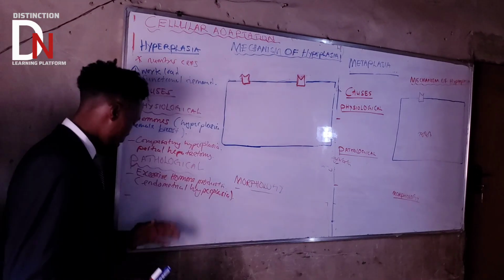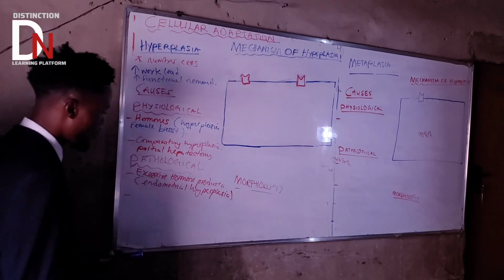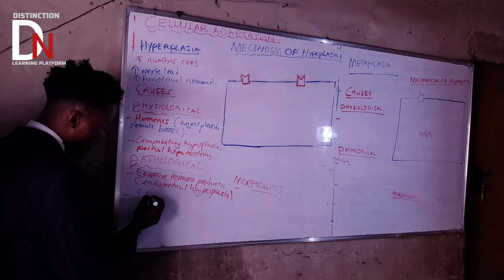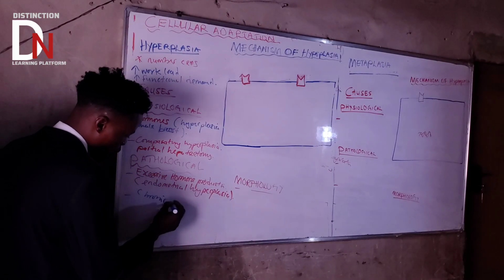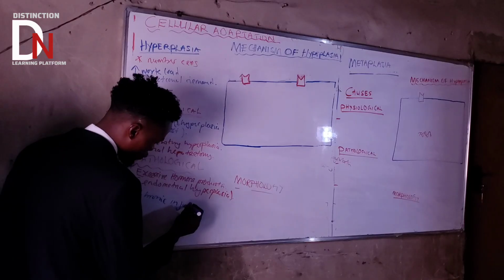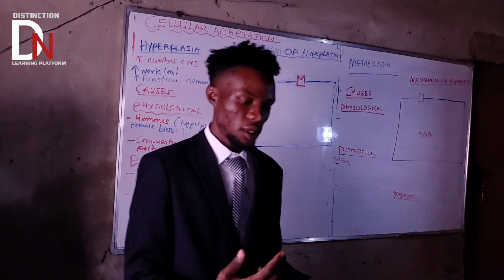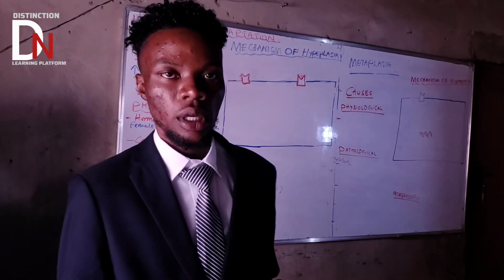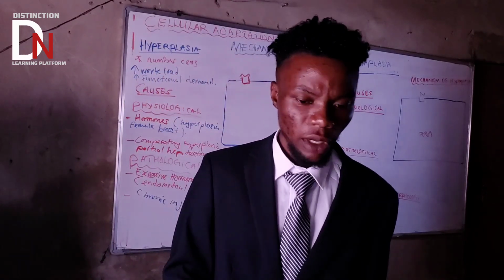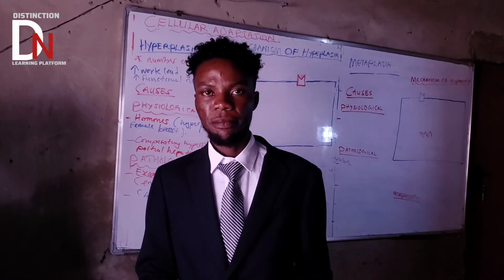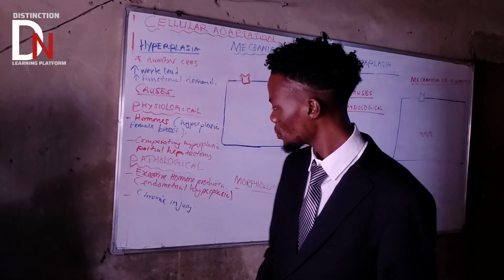Here we said hormones, and before that we said compensatory hyperplasia. Now, apart from excessive hormonal production, there is another one, which is chronic injury or irritation. Someone having a chronic injury, or maybe inflammation in the body. Inflammation can lead to hyperplasia. How?